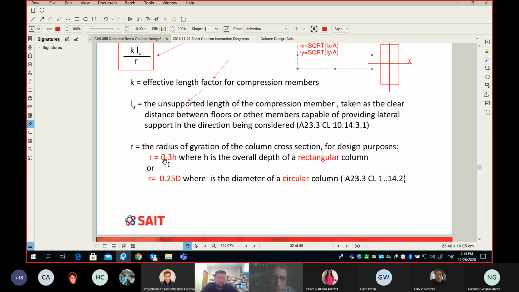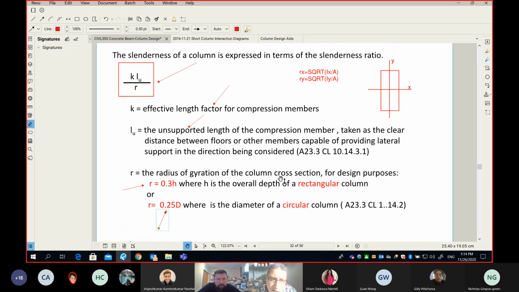In our class, every time you see a rectangular section, you just multiply the dimension of the section by 0.3, and you get the radius of gyration. And if the section is circular, you multiply the diameter of your section by 25%, and you get the radius of gyration.